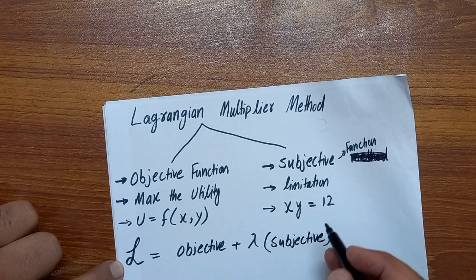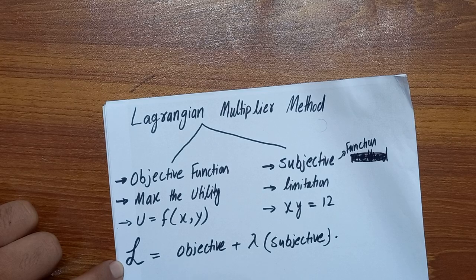Let's say the question is like this: 2x plus y is the objective function, and x and y is equal to 8.